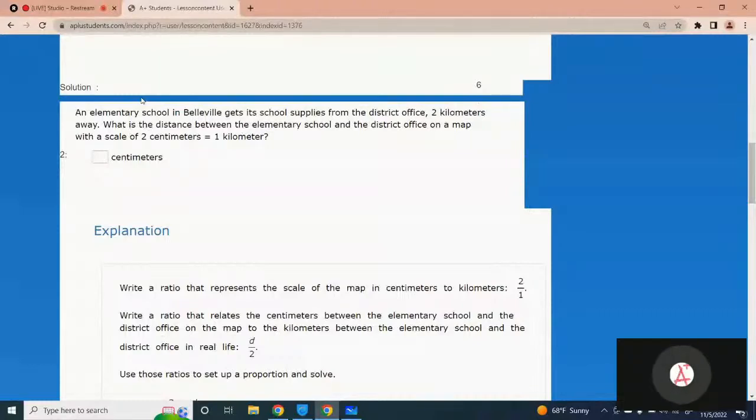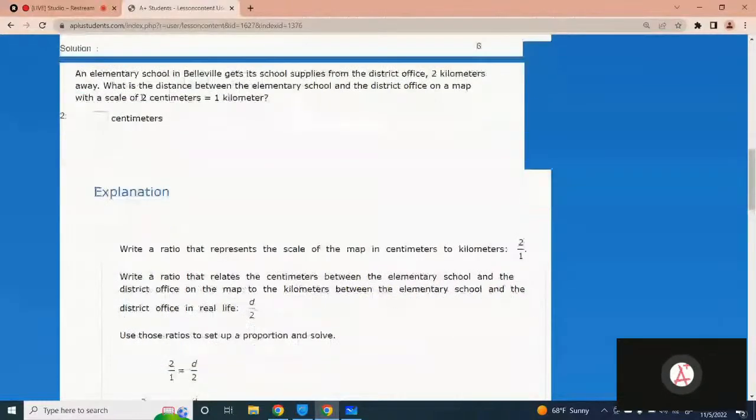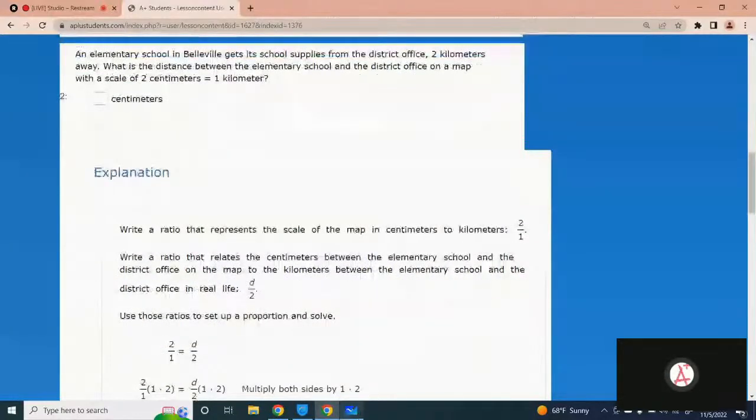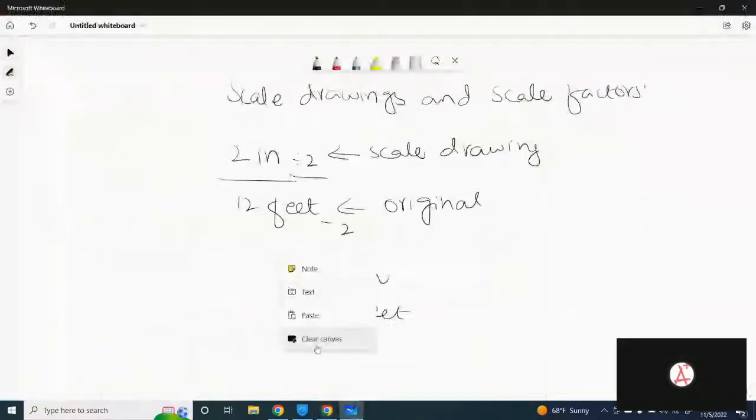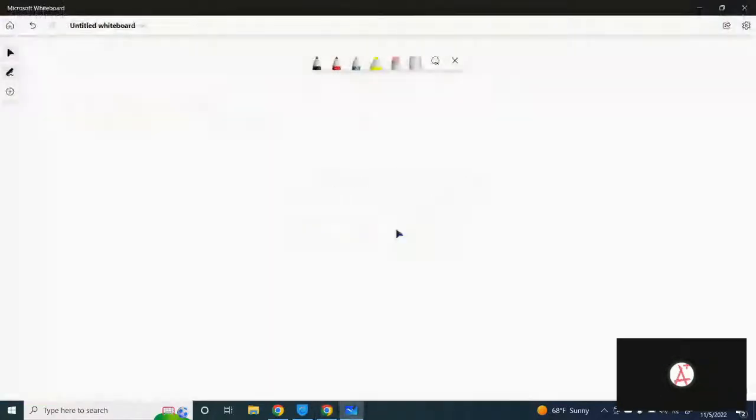What is the distance between them on a map? You have to find that distance.